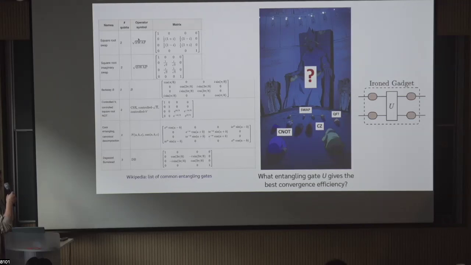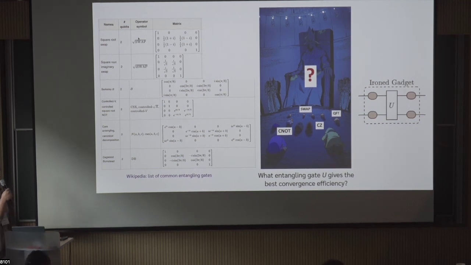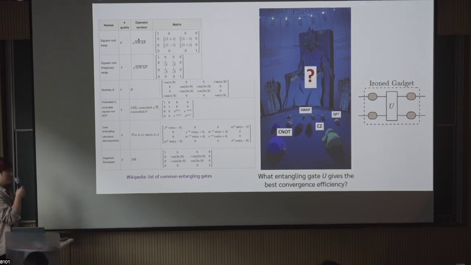So this "best" of course has different notions, but here, because we are looking into design generation or convergence, we're more or less talking about a statistical notion of the power of gates.